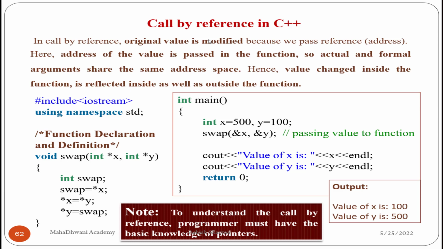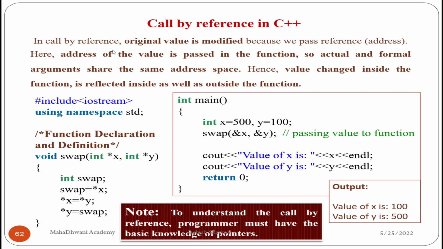Whenever interaction is done at the memory location, the value is directly modified at the location of the variable. In call by value, our variable just uses a copy of the variable, not the actual position of the variable. But in call by reference, it uses the actual position of the variable. That's why this change is permanent and the value will be modified.